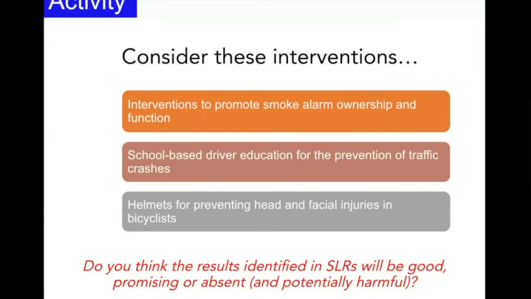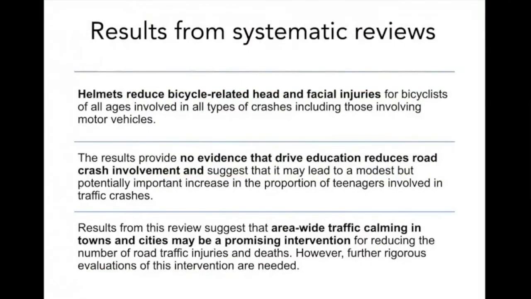And do you think the result identified in the systematic literature review will be good, promising, or absent, or potentially harmful? So you do a literature search, and you find that helmets really reduce bicycle-related head and facial injury, right? This is just an example. I couldn't put any citation or referencing, but from the systematic review, I want to show that it actually answers your question.